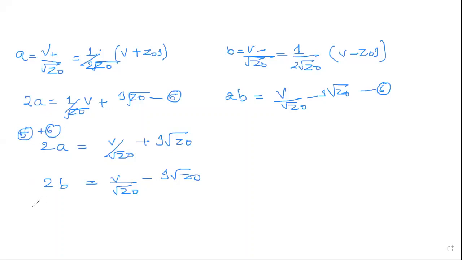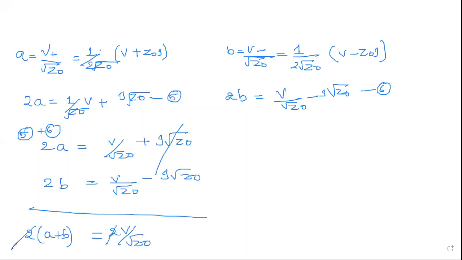So you'll get the equation as this will get cancelled. You will have 2 times of a plus b is equal to 2 times of V by square root of Z naught. This and this will get cancelled. You will have the equation for voltage in terms of a plus b as a plus b into square root of Z naught.